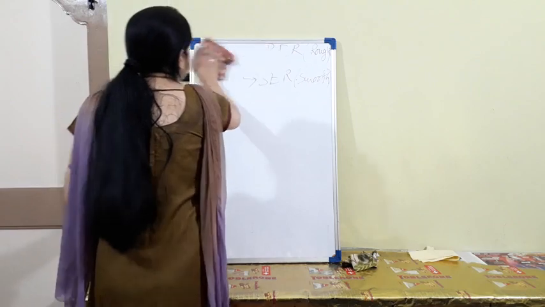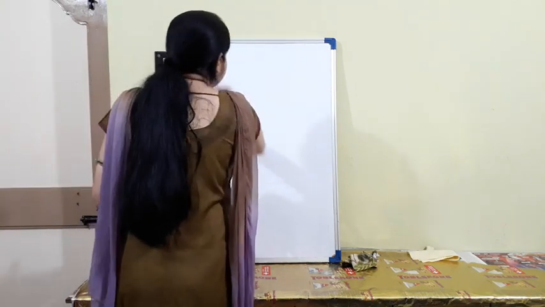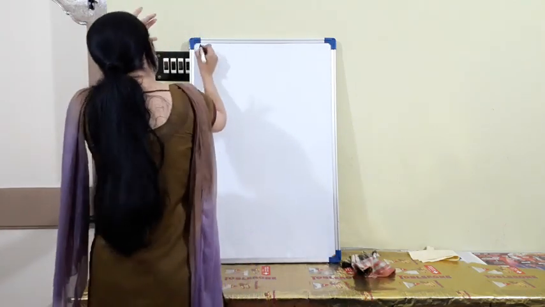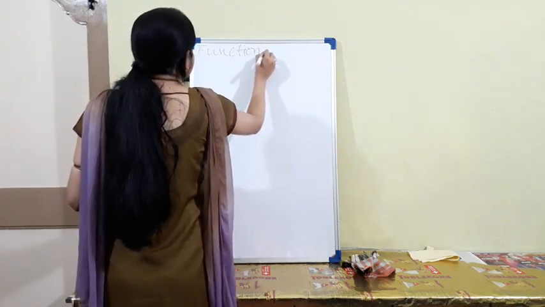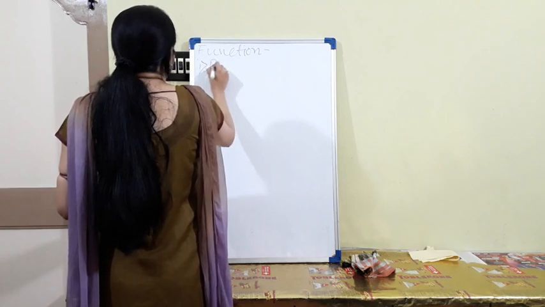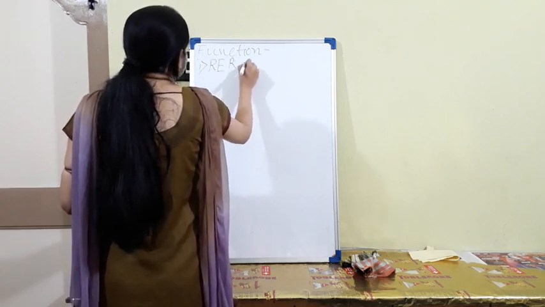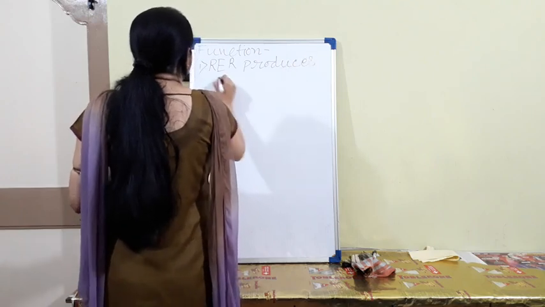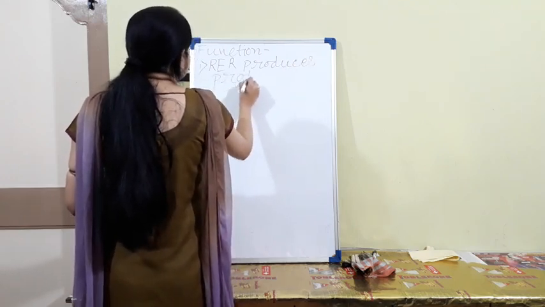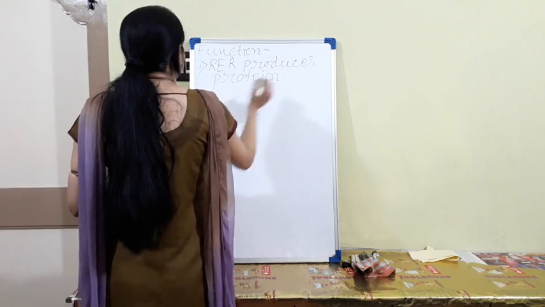Next, function. What are the functions of the endoplasmic reticulum? I have told one function of each. The first one, RER, produces protein, or it is the manufacture site of protein.